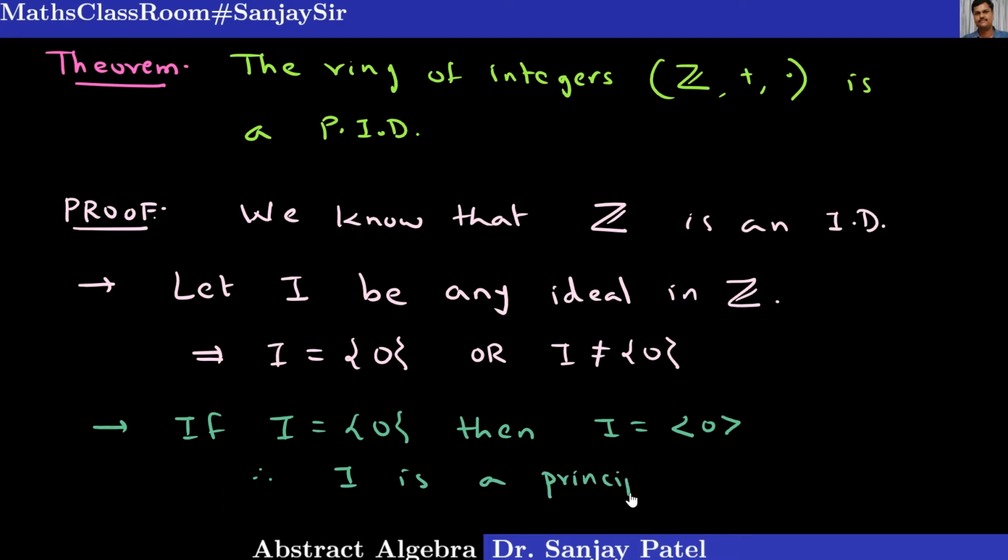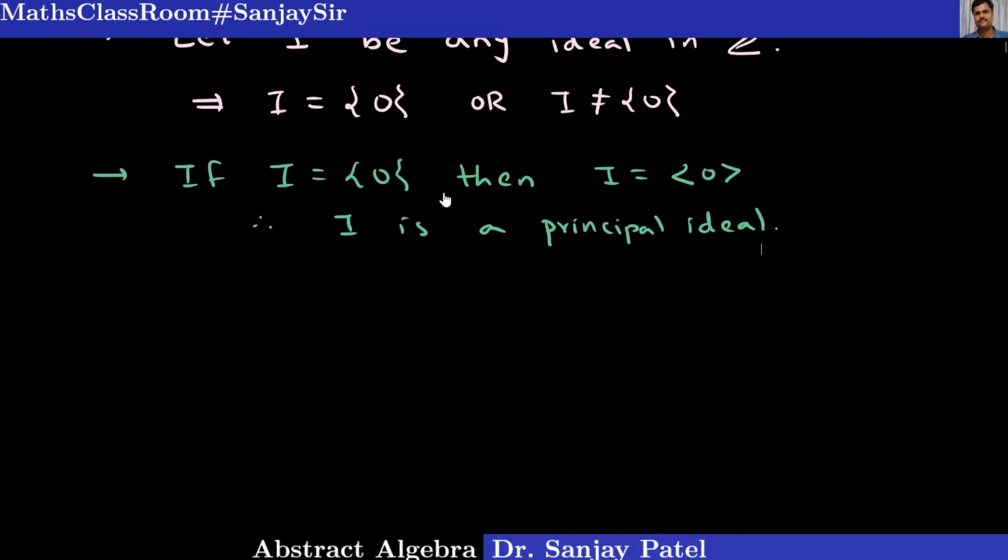What we want to show is that every ideal in the ring Z is a principal ideal. So the first thing we have proved here is that if it is a zero ideal, it is a principal ideal. Next, I consider a non-zero ideal in the ring Z. So suppose the given ideal I is not equal to 0.